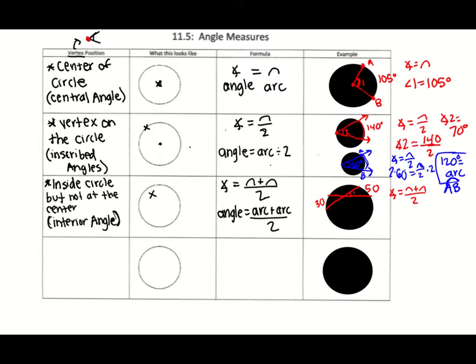Our two arcs in this case are 50 and 30. Our angle equals 30 plus 50 over 2. 30 plus 50 gives us 80, divided by 2 is 40. So our angle 1 in this case is 40 degrees.